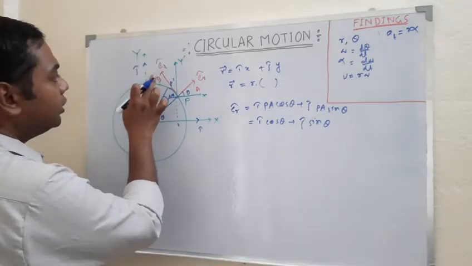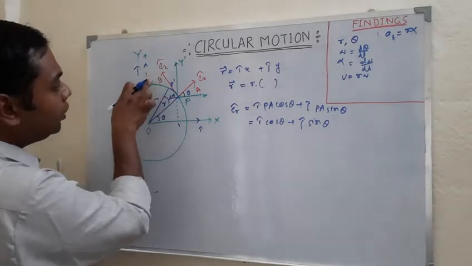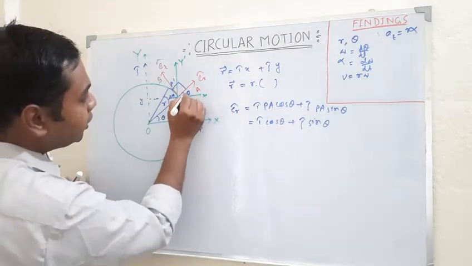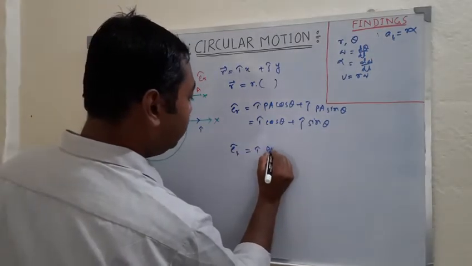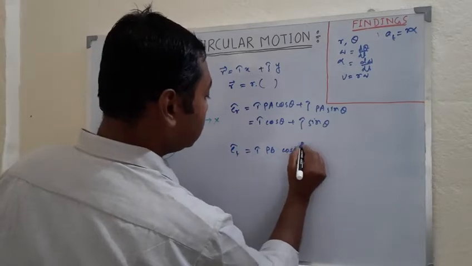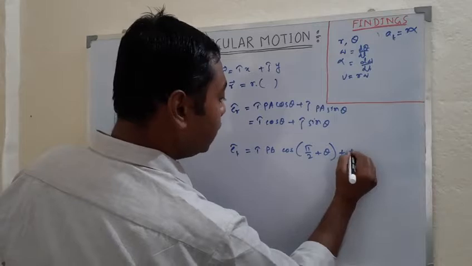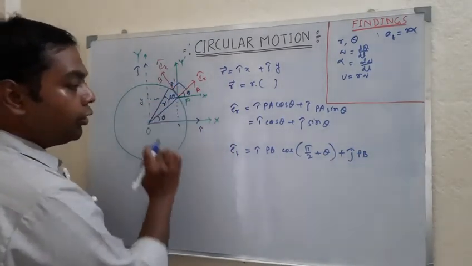Similarly, we can write et equals i cap PB cos(pi by 2 plus theta) plus j cap PB sin(pi by 2 plus theta).